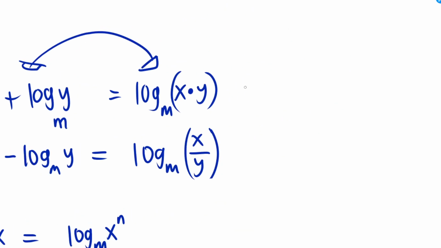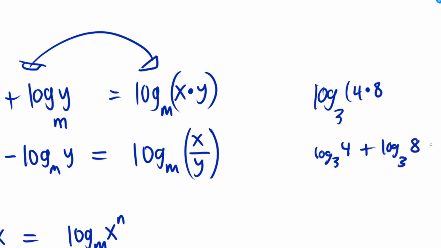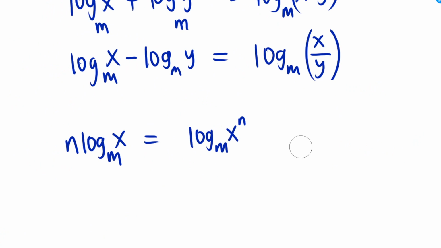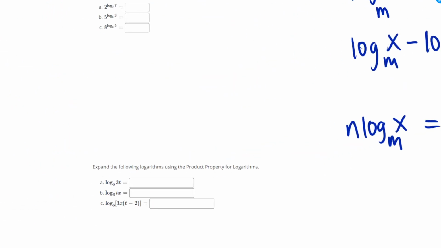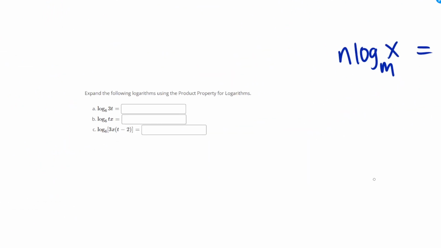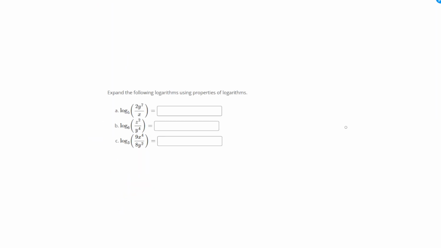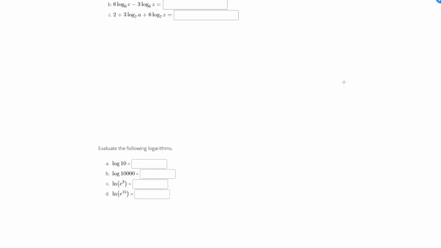So if you saw something like log base 3 to the 4 plus log base 3 to the 8, you could condense that, or expand it back to log base 3 to the 4 plus log base 3 to the 8th. You can go backwards with them. You can condense and you can expand them. I think those are the main ones. If I see any others, I will go over them.